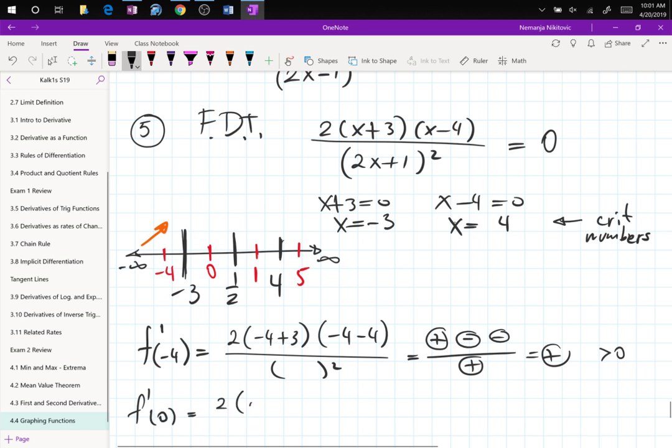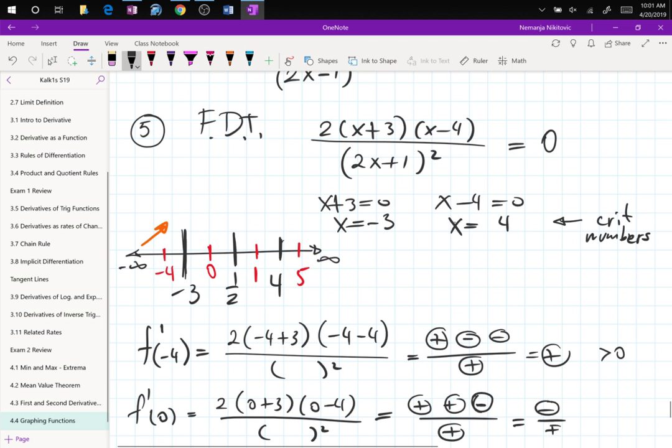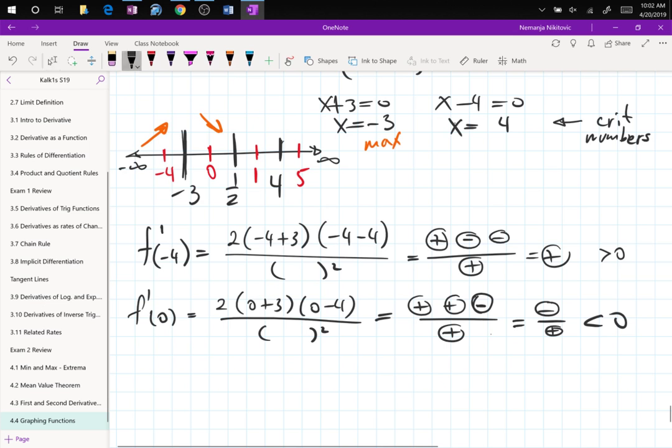Then we go to the next one, f prime at 0. It's gonna be 2(0+3)(0-4) divided by something squared, which is always positive. We have a positive times another positive times a negative, which is going to be negative, divided by a positive. That's less than 0. We have a decrease, and at -3 we have a max. Next one is f prime at 1: 2(1+3)(1-4) divided by the square.